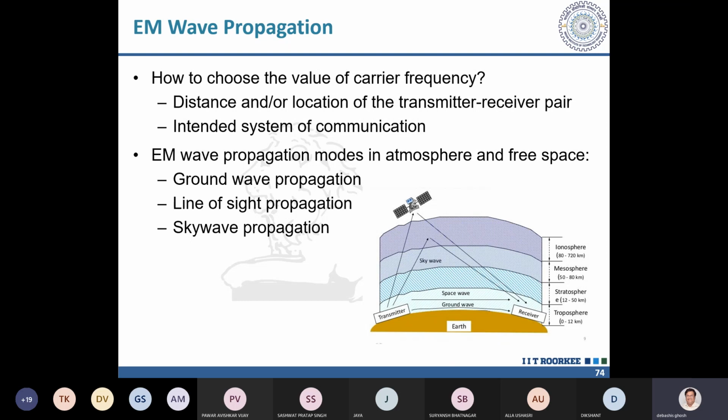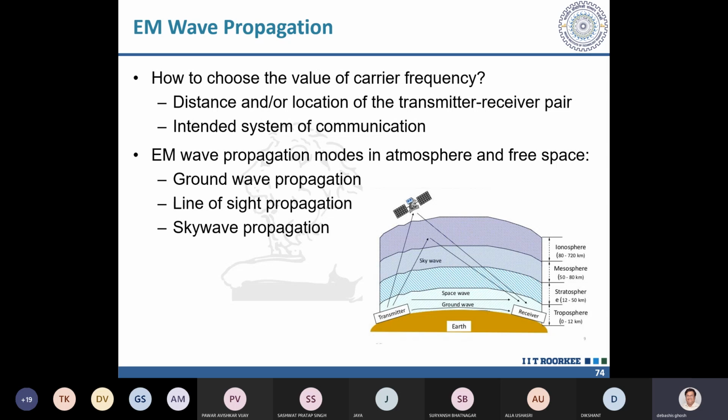For that, let us study the mode of propagation, how the EM wave actually propagates in air. We are not talking about free space. There are three modes of propagation: ground wave, line of sight propagation, and sky wave.